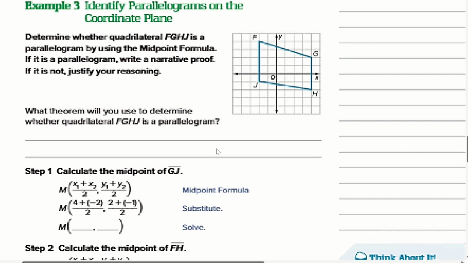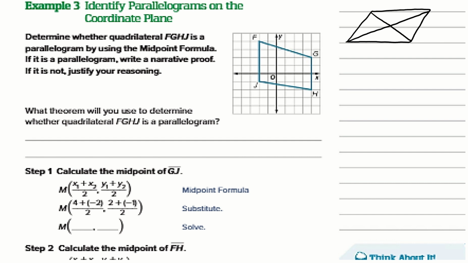Okay, so if you have a quadrilateral, the way you know it's a parallelogram, or one of the ways, is that the diagonals cut each other in half, right? Well, if the diagonals cut each other in half, that means this point has to be the midpoint for both diagonals.